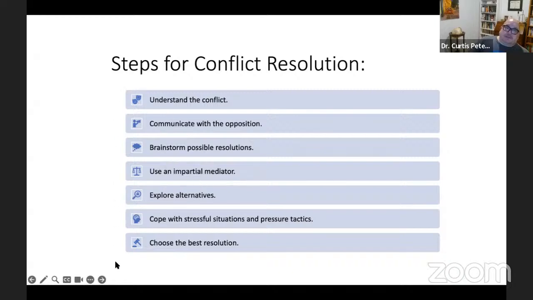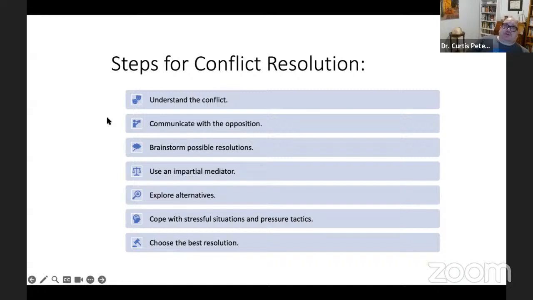You're also going to be the person who tries to understand all of these different factors. Understanding the conflict means understanding both sides. This is using your listening skills and your paraphrasing skills, making sure that both individuals feel heard and understood.